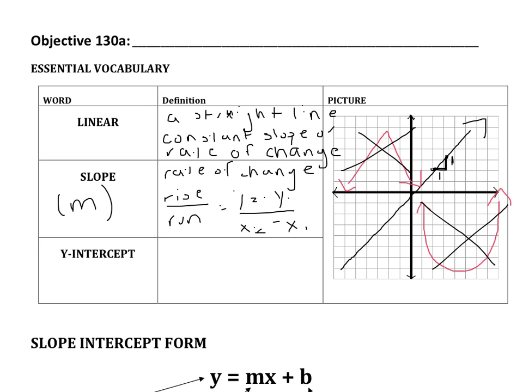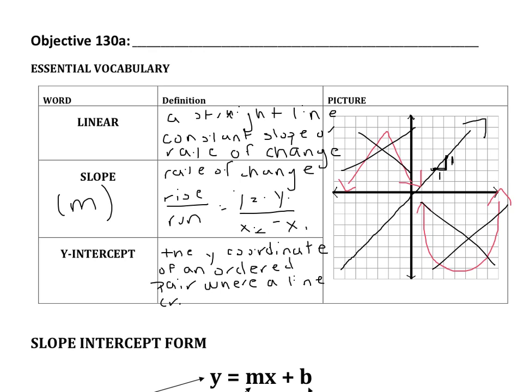And then lastly, the y-intercept. The y-intercept we've talked a little bit about, but the y-intercept is the y-coordinate of an ordered pair where a line crosses the y-axis.